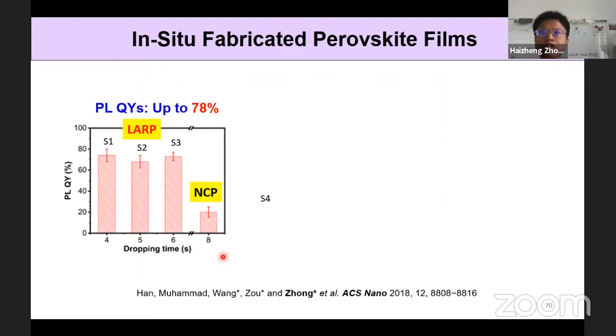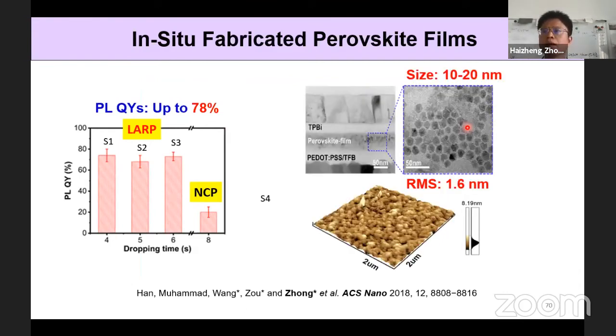Here on the left of the figure is a summary of the results. The samples obtained from NCP show 20% quantum yield, which is similar to Professor Tae-Woo Lee's report, while the samples obtained from in-situ on-chip LARP have a quantum yield of about 80%.